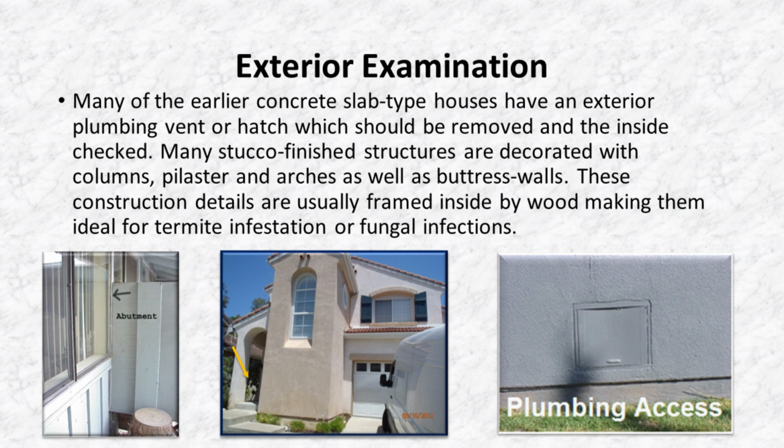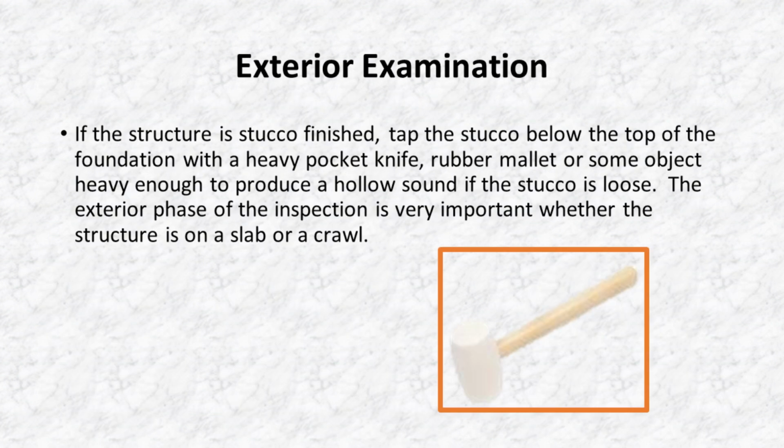These construction details are usually framed inside by wood, making them ideal for termite infestation or fungal infections. Exterior examination. If the structure is stucco finished, tap the stucco below the top of the foundation with a heavy pocket knife, rubber mallet, or some object heavy enough to produce a hollow sound if the stucco is loose.